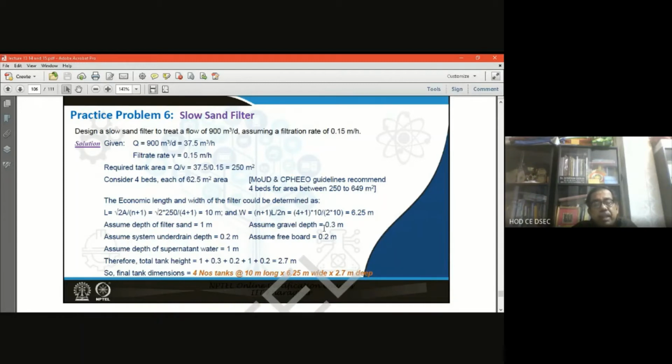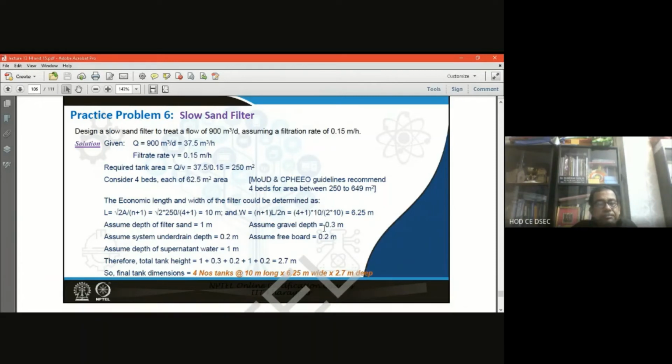So what will be the tank height? Supernatant water 1 meter, plus 0.3 meter gravel depth, then the freeboard 0.2 meter, then the 1 meter filter bed sand. So it is 2.7 meter. So finally the tank dimension is 4 tanks, each 10 meter long by 6.2 meter by 2.7 meter depth.